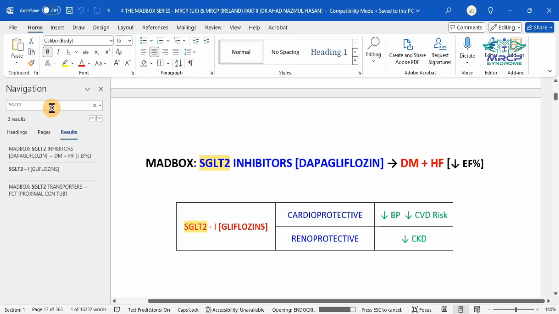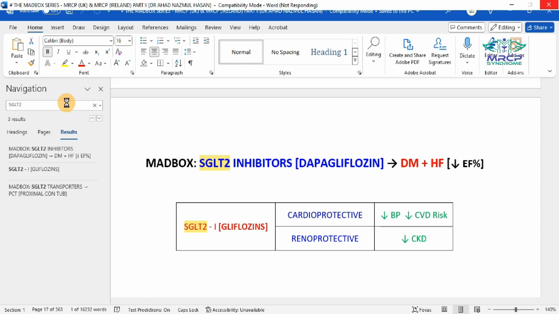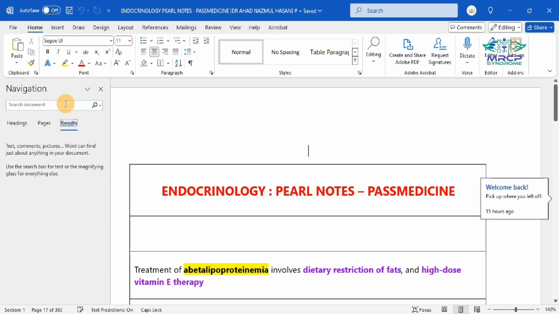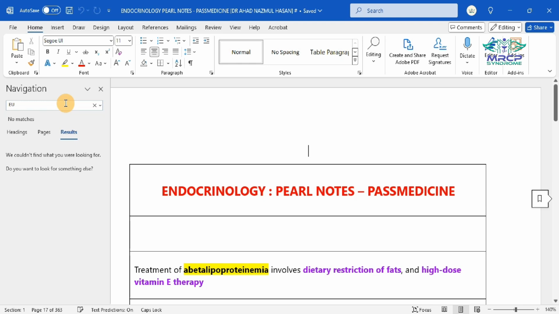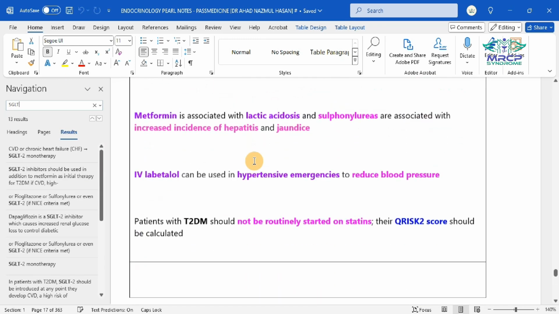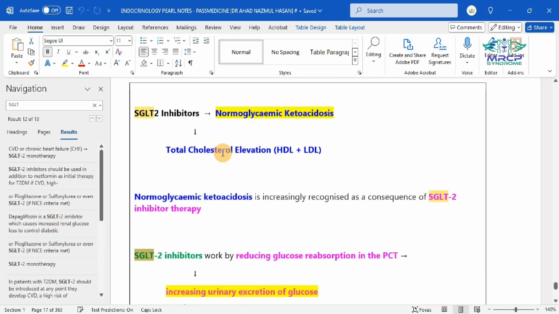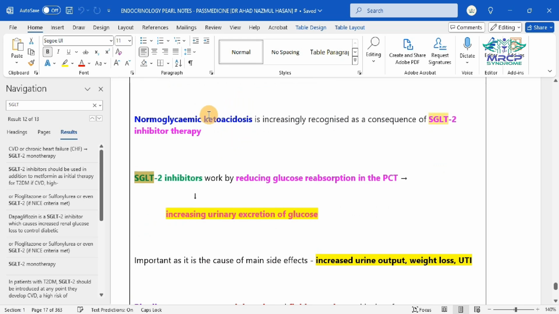Another important adverse effect is Fournier's gangrene, which also occurs. So they will come up with normoglycemic DKA.